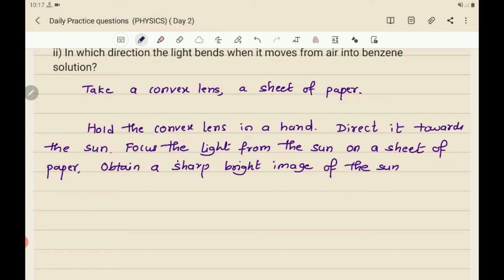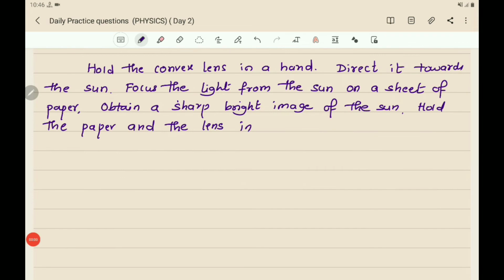Hold the paper and the lens in position for a while.